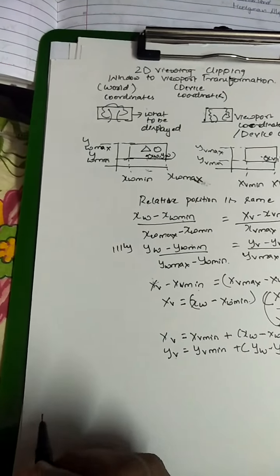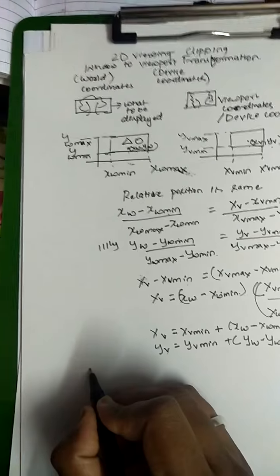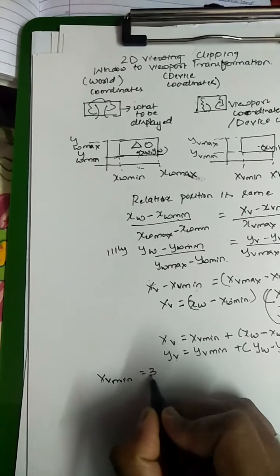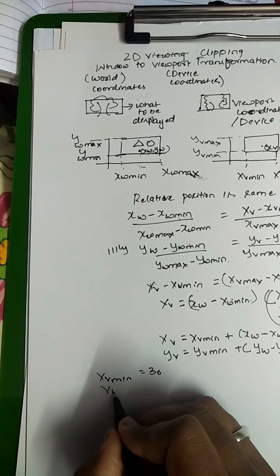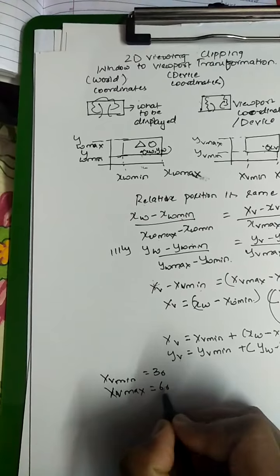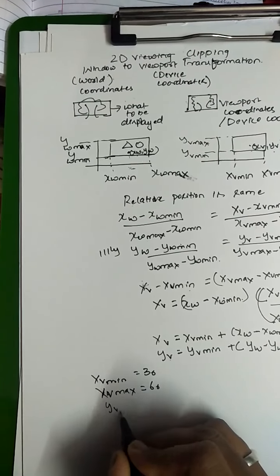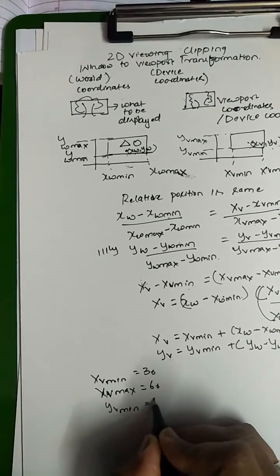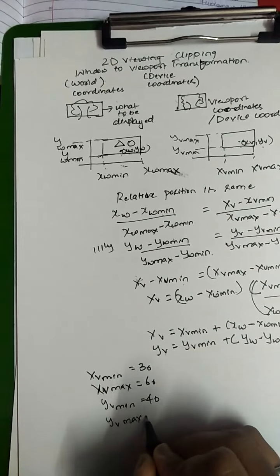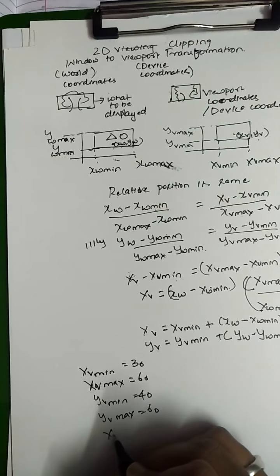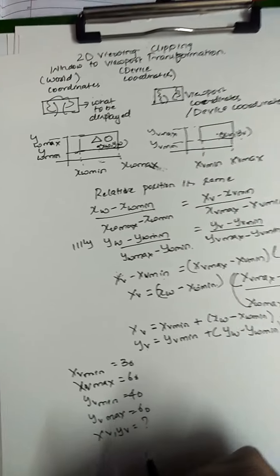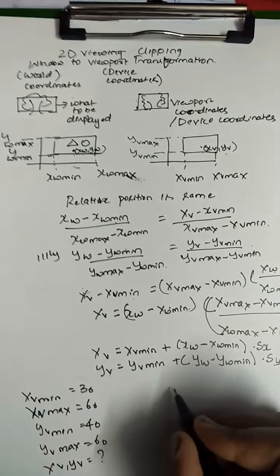Consider a small example where XV min is 30, XV max is 60, YV min is 40, YV max is 60. You need to find XV and YV in order to draw the point on the viewport, that is, on the device coordinates.